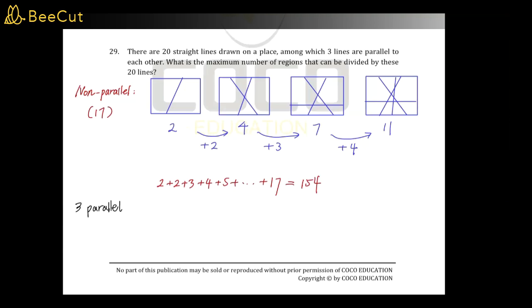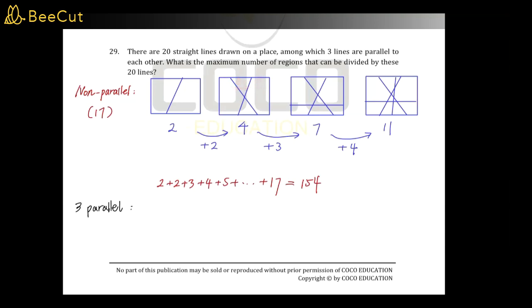Then we check for the parallel lines. There are 3 of them. So each of the parallel lines will intersect with all the other 17 lines. Right, if we intersect with one line, it will introduce 2 new regions. If we intersect with 2 lines, it introduces 3 new regions.